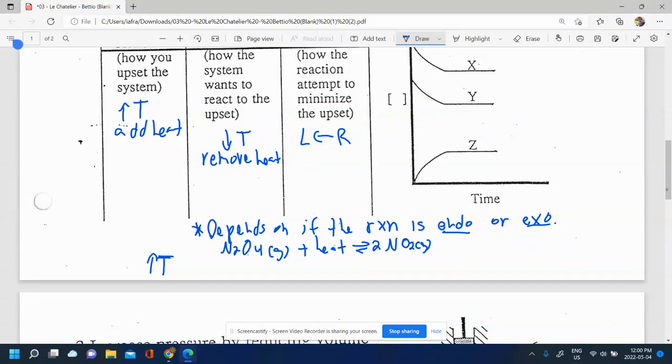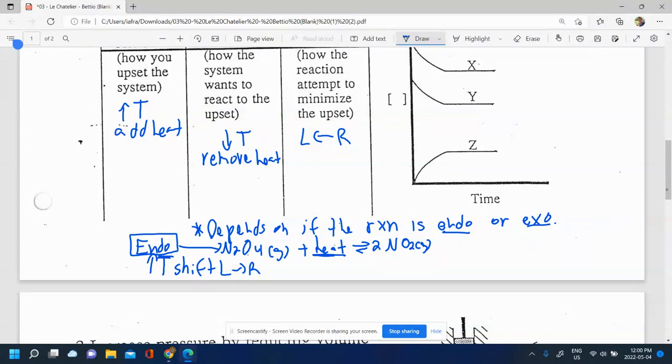Well, what that would do is it would cause my reaction to shift. Maybe you can predict it. I've increased temperature. It would cause my endothermic reaction to shift from left to right to get rid of the heat on the endothermic side. So here we have an endothermic example. When I increase temperature, shift from left to right to reduce the heat that was added.